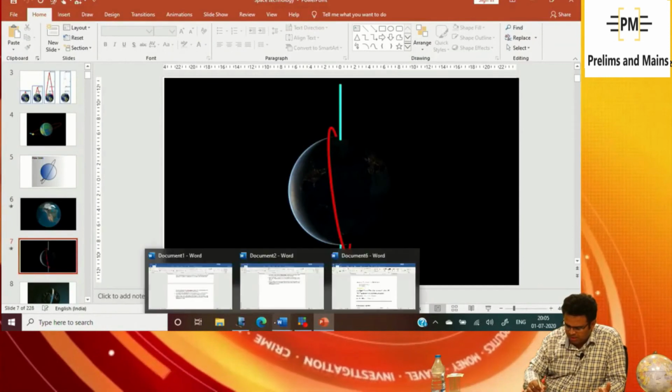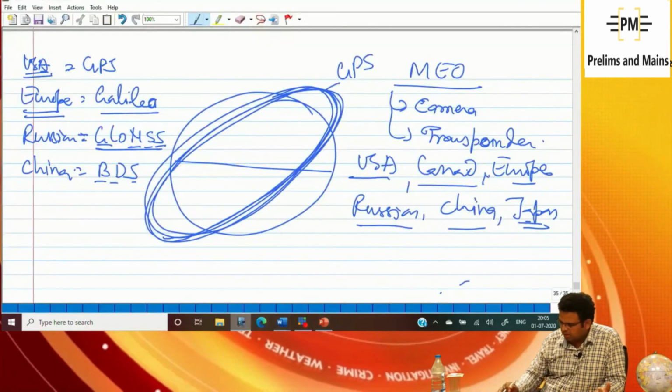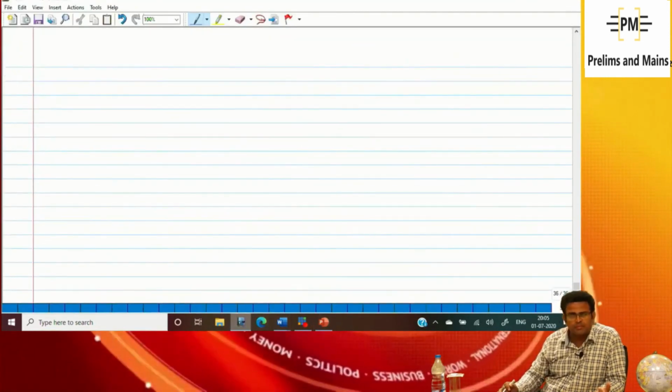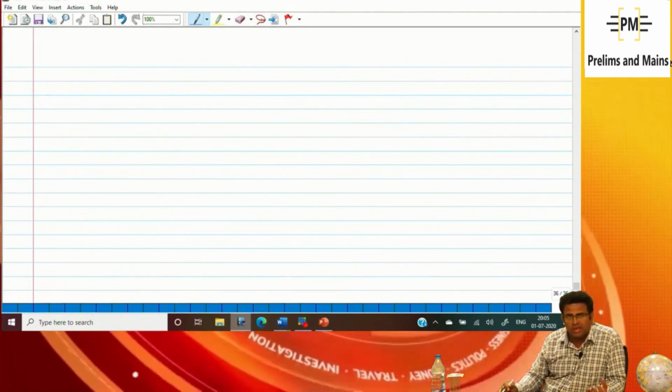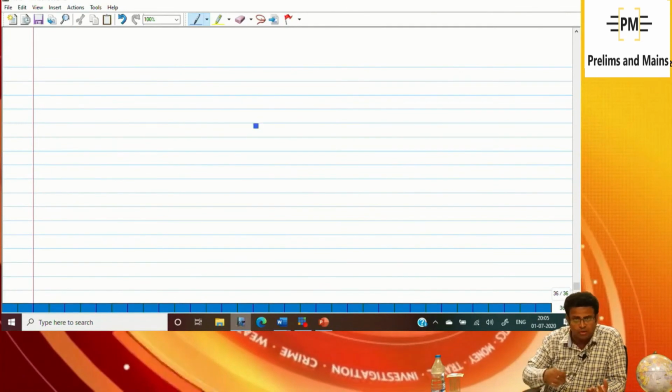these countries are not near the equator, and this is one problem they are facing. So they said their satellites should give better signals for their country.